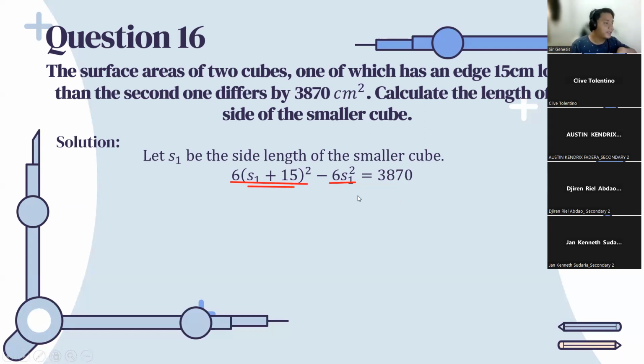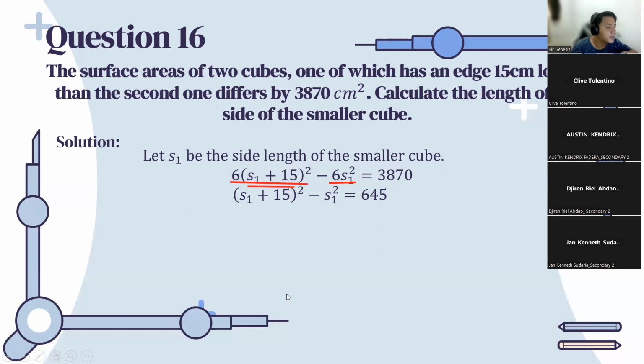Okay. Now, to make this easier, we can just divide by 6 first, to make the value 3,870 even smaller. So that will be (s sub 1 plus 15) squared minus s sub 1 squared equal to 645. Again, this is a difference of two squares, right?